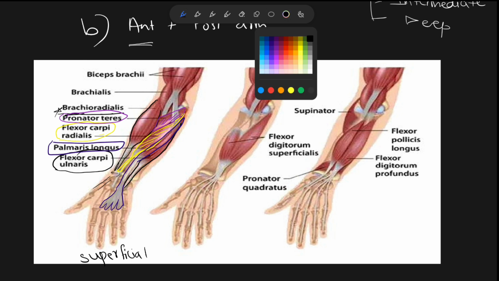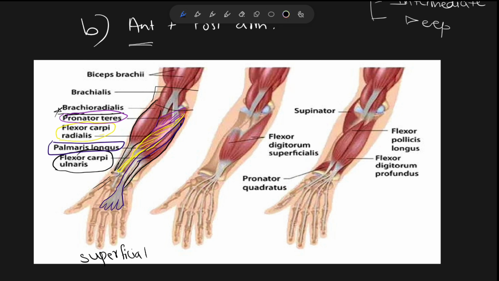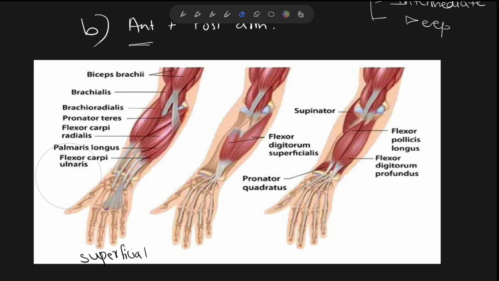Now one more thing I have to tell you, that we have over here one fossa, that is the cubital fossa. How is the cubital fossa formed? Let me clean this all. If we see these muscles carefully, this is the pronator teres muscle, and this is the brachioradialis muscle, on the lateral side, and this is the medial side.